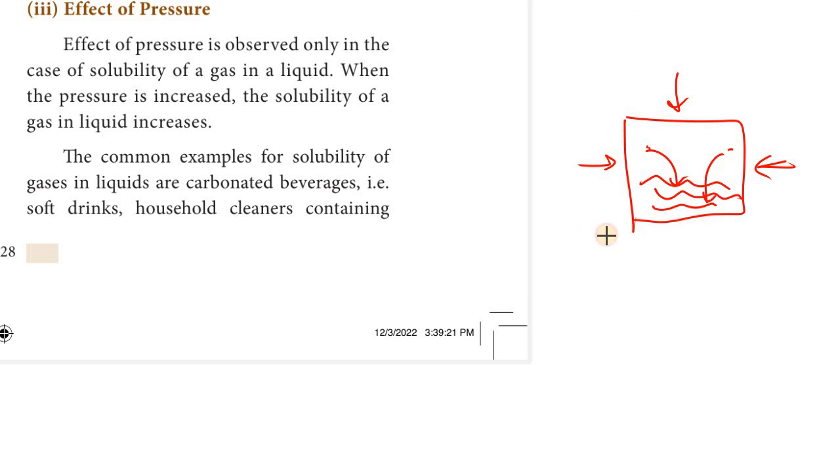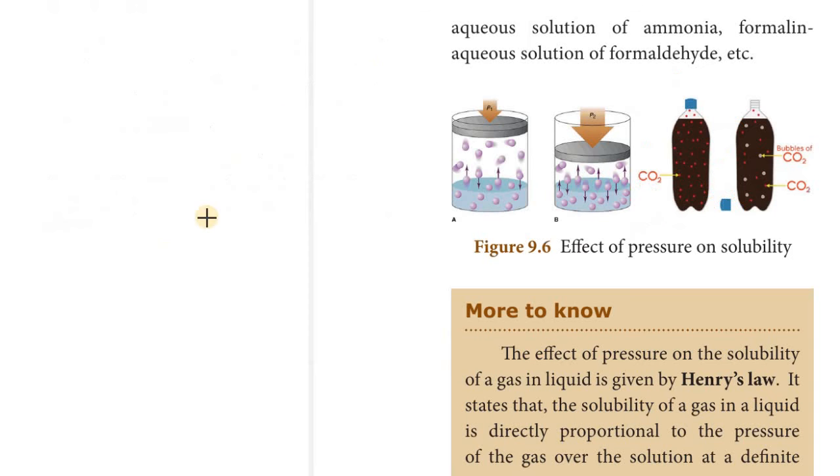It will go inside the liquid, and so the solubility of gas in liquid increases if the pressure is increased. Some common examples of solubility of gases in liquids are carbonated beverages like soft drinks, household cleaners which contain aqueous solutions of ammonia, and formalin, an aqueous solution of formaldehyde, right?